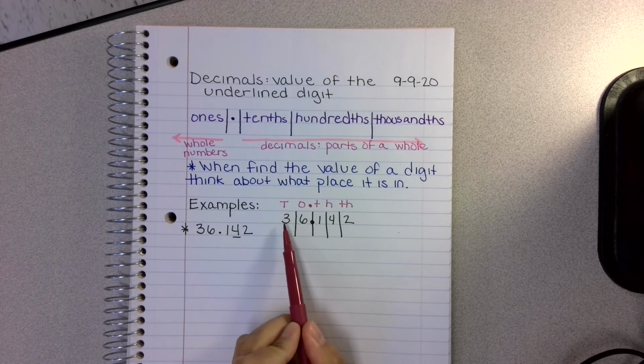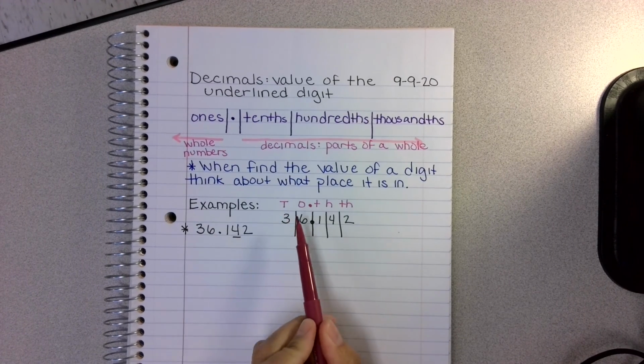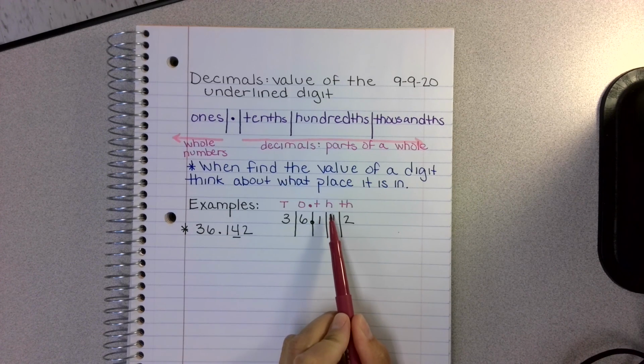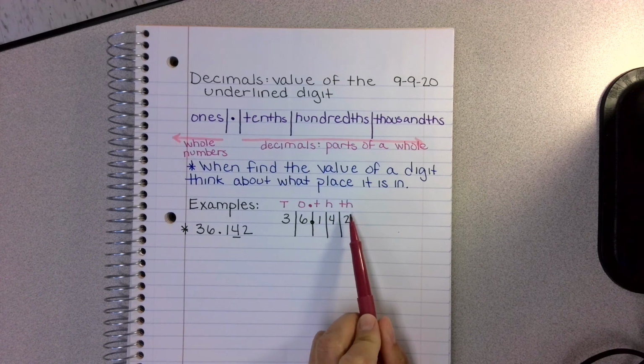Okay, so we have our tens, our ones, our decimal, our tenths, our hundredths, and our thousandths.